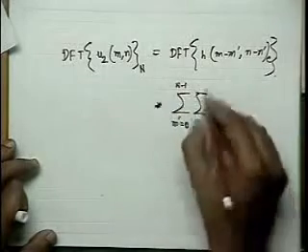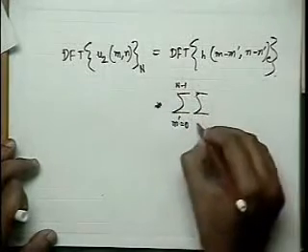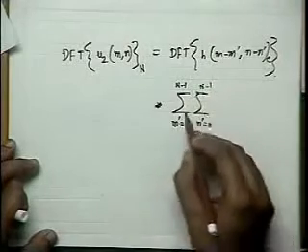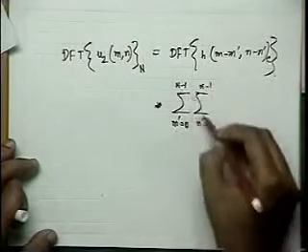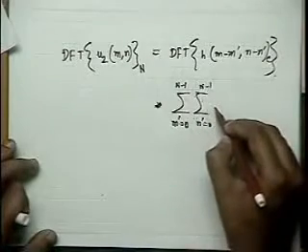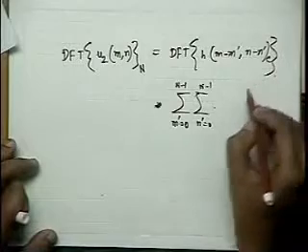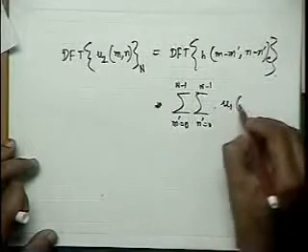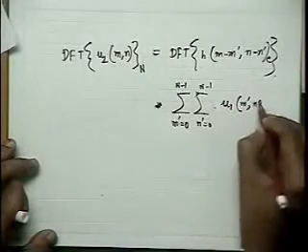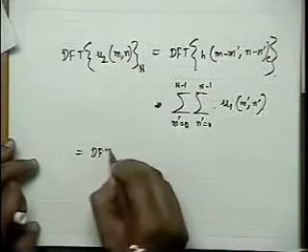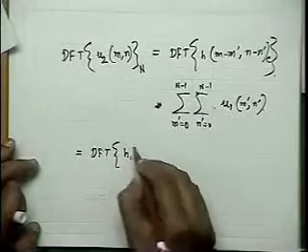Rather, my entire term should have been this double summation, m prime equal to 0 to N minus 1, n prime equal to 0 to N minus 1, DFT of this, and then u1 of m prime n prime. And this I can simply write as DFT of h(m,n).